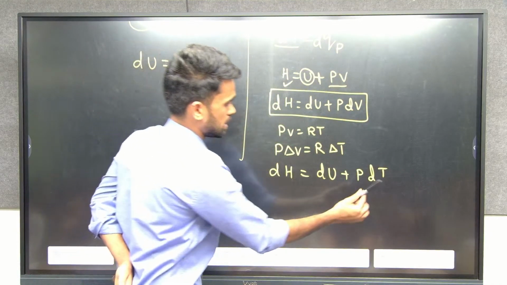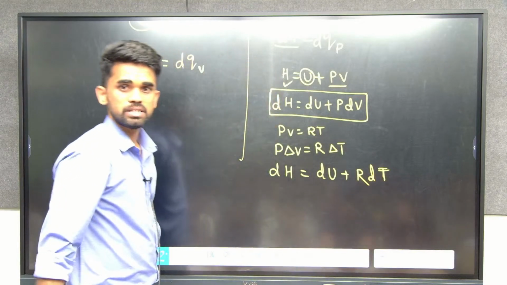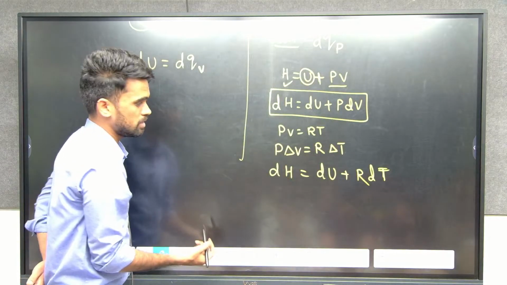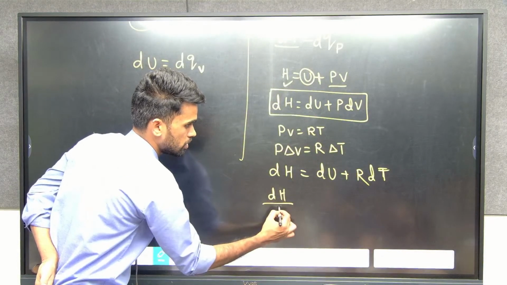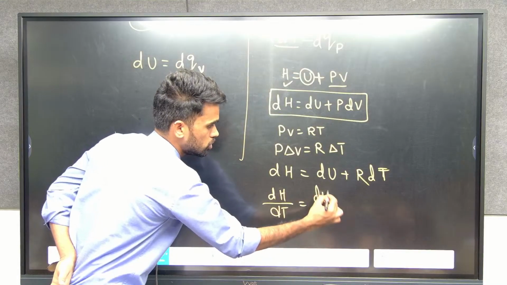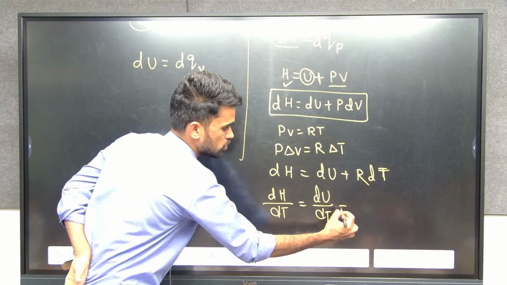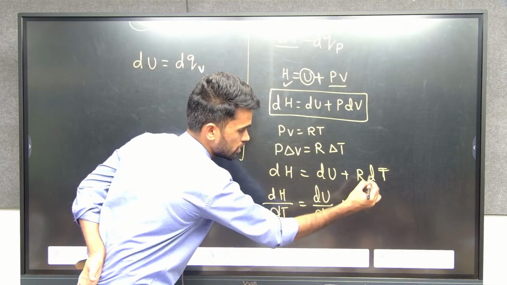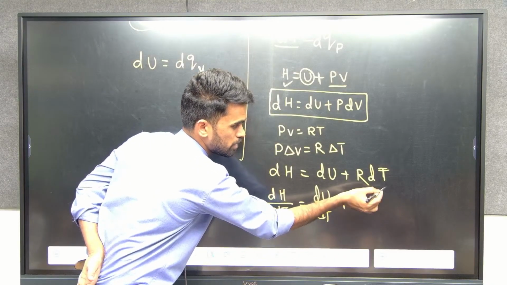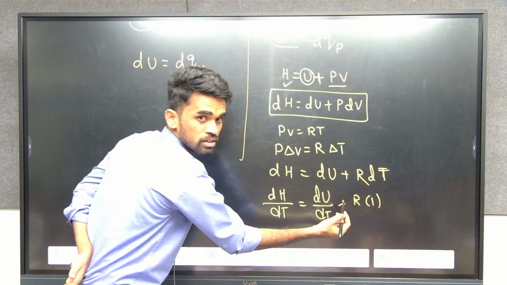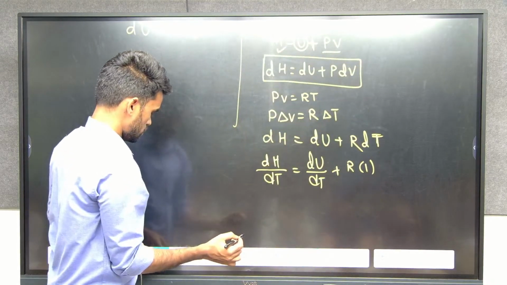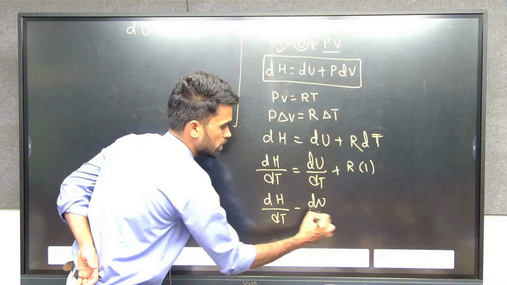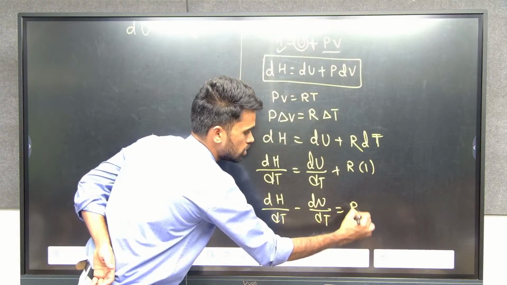Okay, up to here it is clear. R dT, okay. So now just divide the complete equation by dT. dH by dT equals du by dT plus R dT by dT, which is 1. So can I write like this? Yeah. So you are going to get dH by dT minus du by dT equals R.